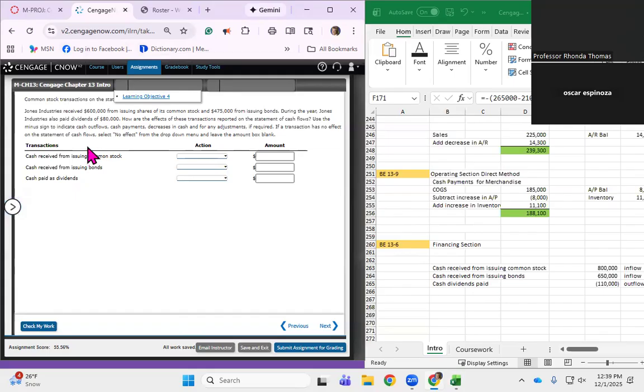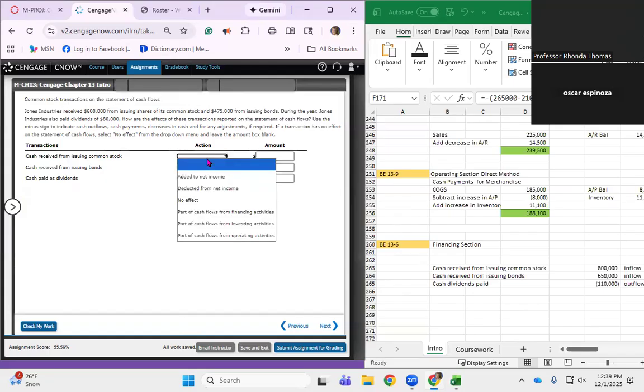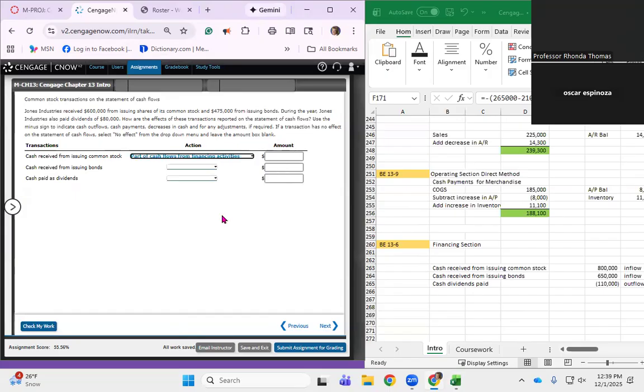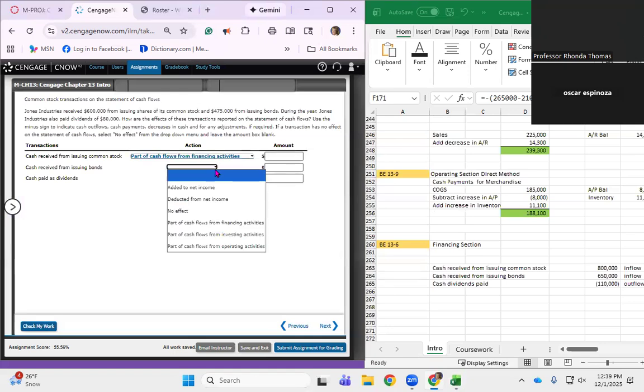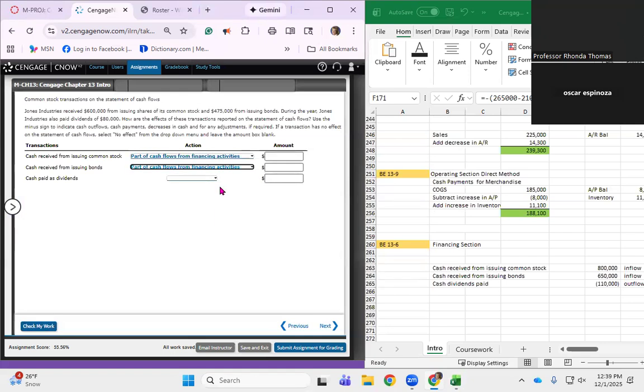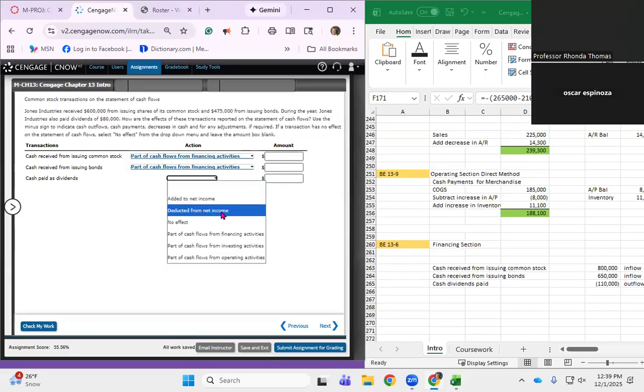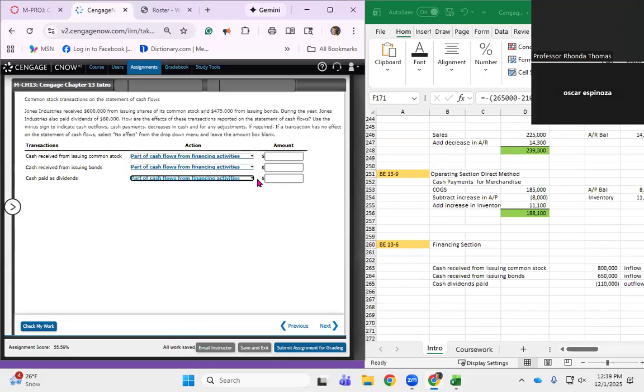Okay, so it says Jones Industries received $600,000 from issuing shares of common stock. Well, that's cash coming in. Okay, so up it goes. And that's going to be an increase. It's part of the financing section. So all of these are part of the financing section.